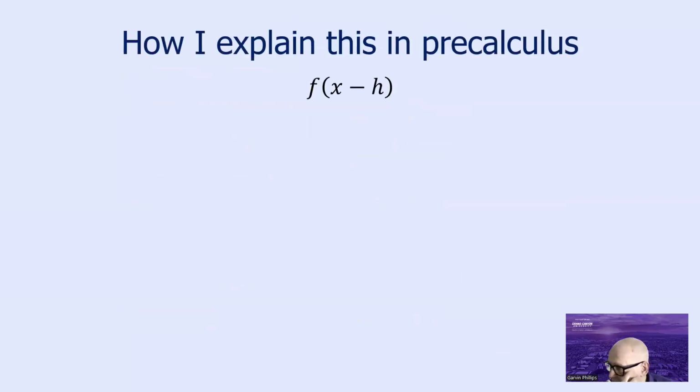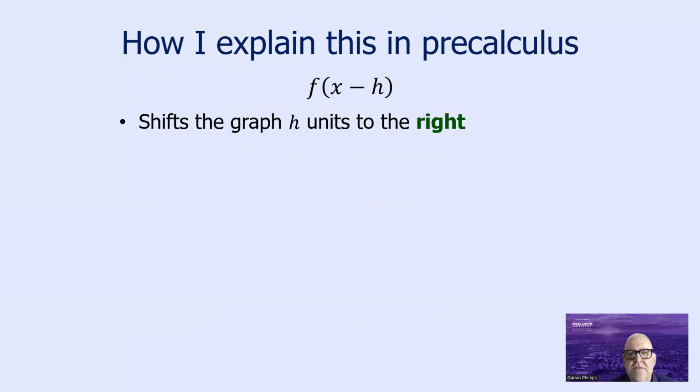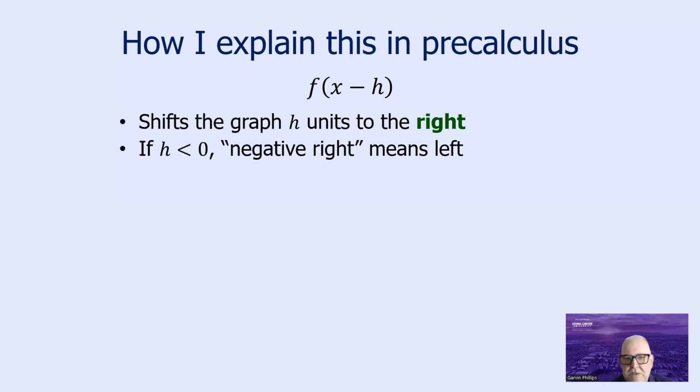How do I explain this in a pre-calc class or college algebra? The graph shifts h units to the right, so if it's x minus h, it means h units to the right. So h greater than 0 means right.